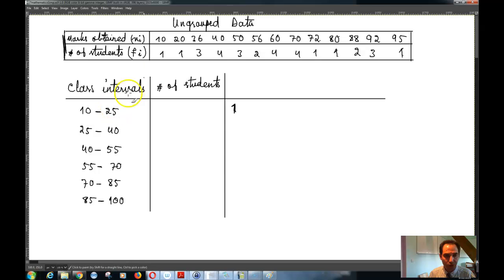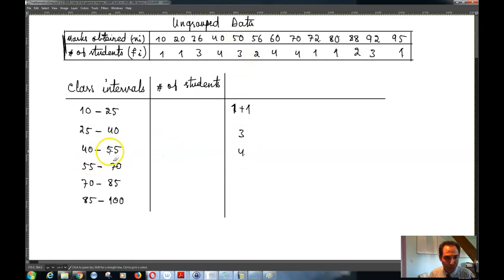Then 20 will also fall here, so plus 1. 36 will fall here, so 3 over here. And a 40 would fall here. It's important to note that when you have 40, this class interval does not allow 40. The class interval that takes 40 starts from 40 and goes all the way up to some other number. So 40 would be 4.